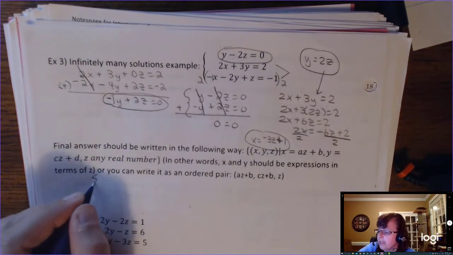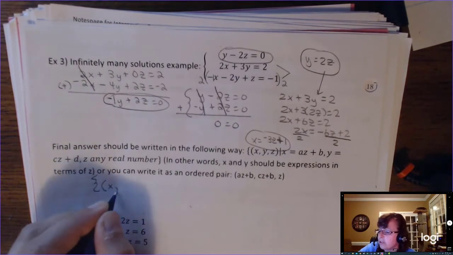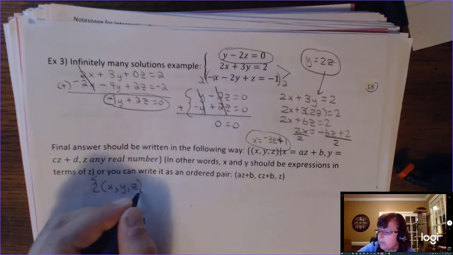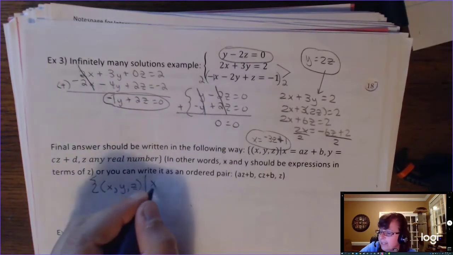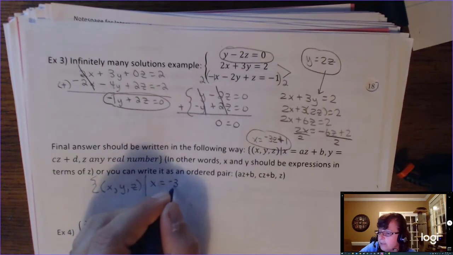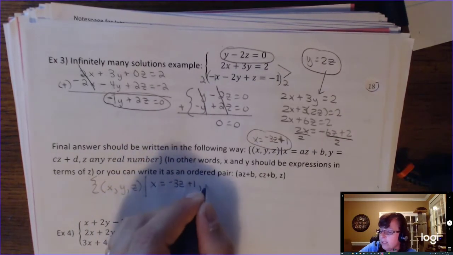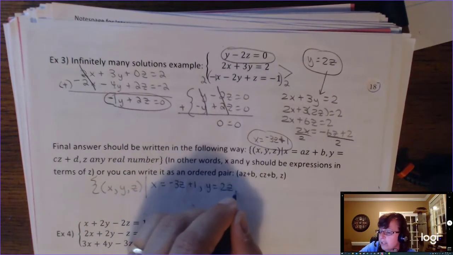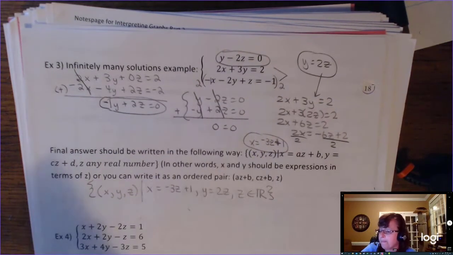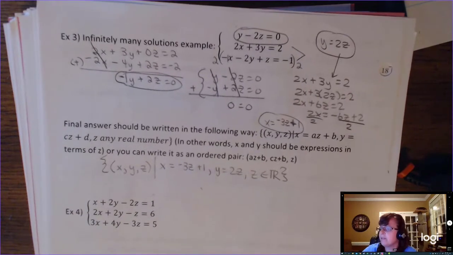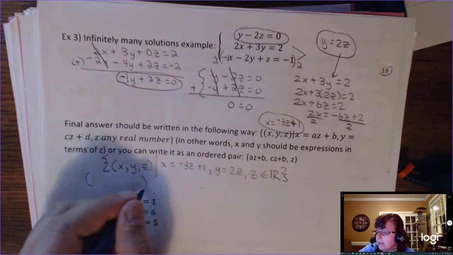So this is infinitely many solutions, but it's all the ordered triples, which are infinitely many of them, such that the relationship is x equals -3z plus 1, y equals 2z, and z is any real number. And again, that tells you more. So now I can give you an example.